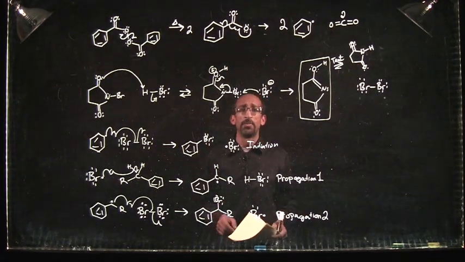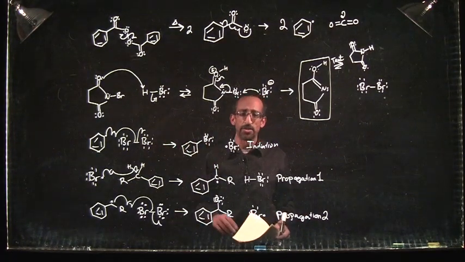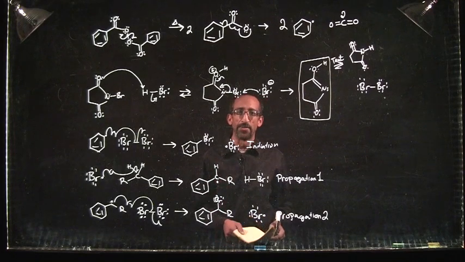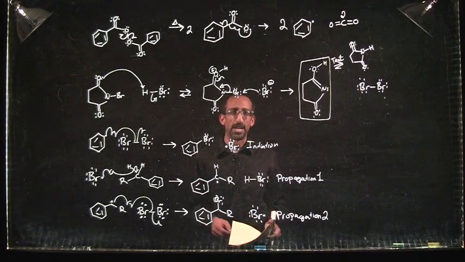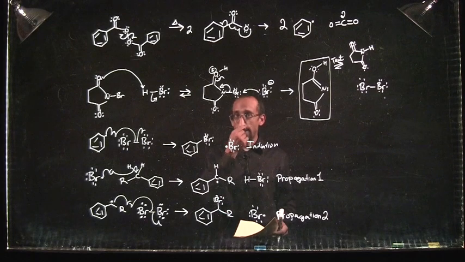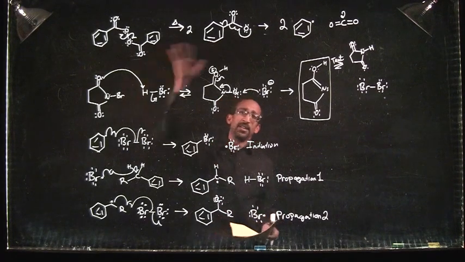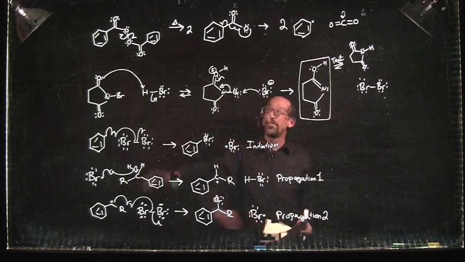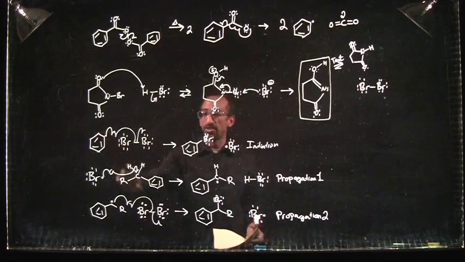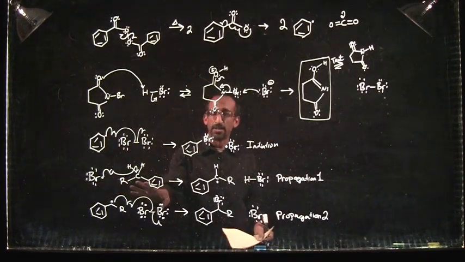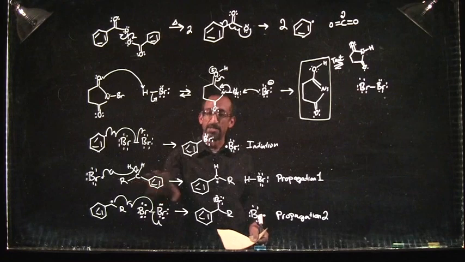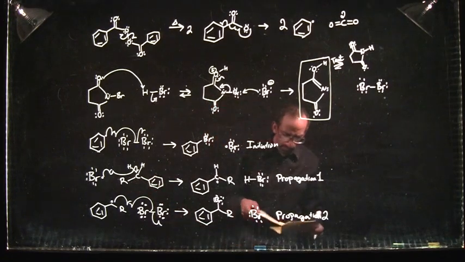Based on what you saw in the first radical halogenation mechanism, you should be able to work out those products. And I feel it's a good exercise for you to sit down, push those arrows, and see what happens. So here we go. And everything you see here would work just as well with an allylic system as it does with the benzylic system.